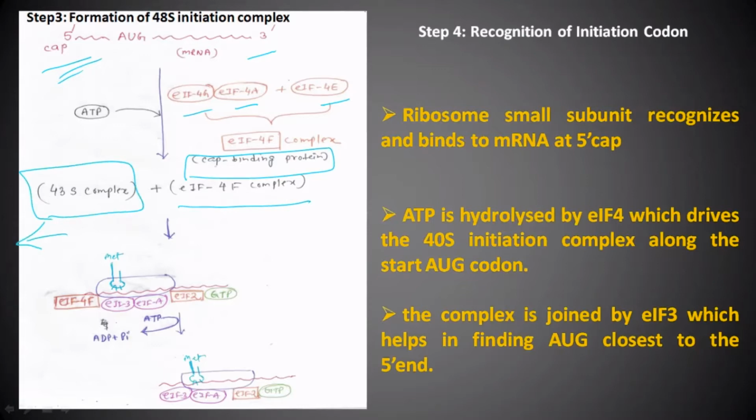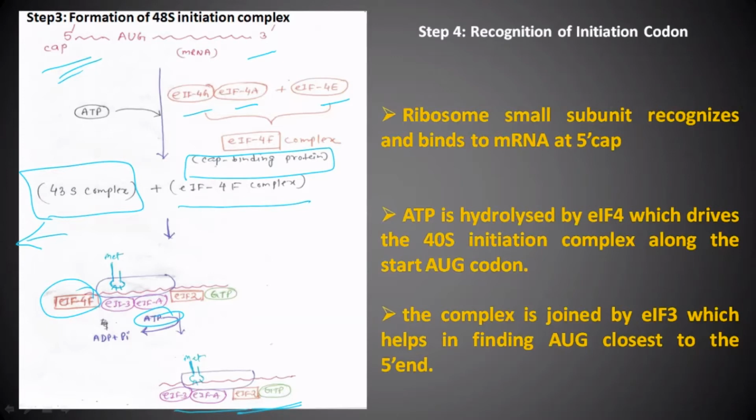Then this ATP gets hydrolyzed, and the 48S initiation complex, along with the start codon, is now ready. Again, you can see EIF4 gets released. Only this complex, IF4, 5, 3 and 2, that is 3A and 2, remains on the small subunit along with your mRNA and tRNA.